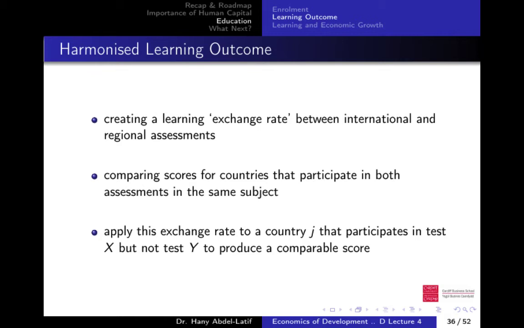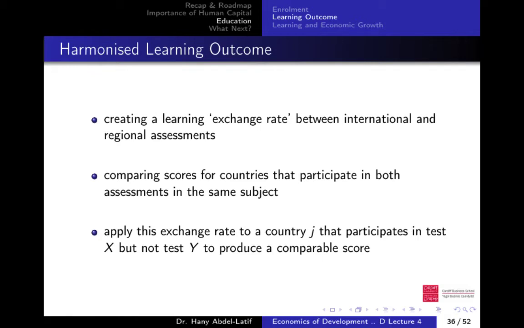But this is difficult to do at a global scale, it's not an easy thing to do. So what they thought to do is something called a learning exchange rate, which is explained in detail in this paper. So please go and read that paper.